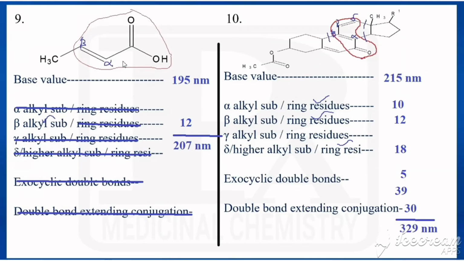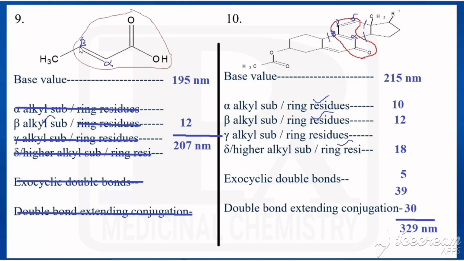See the next example. So this would be the parent, that is COOH, here double bond. So this is an alpha beta unsaturated acid, unsaturated carboxylic acid. So what is the base value for that? That is 195 nanometer. Now we have to find the alkyl substituents. Alpha is not having any alkyl substituent.